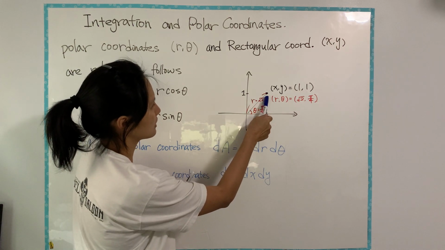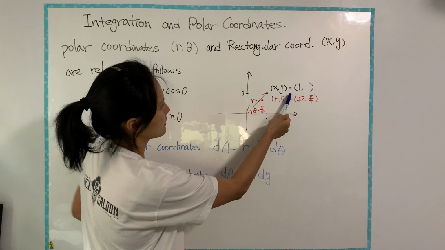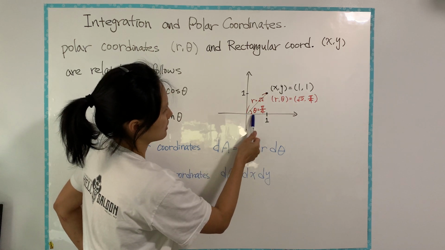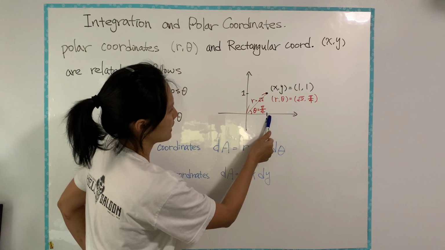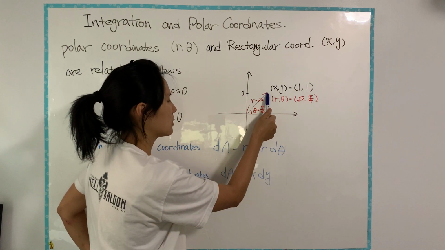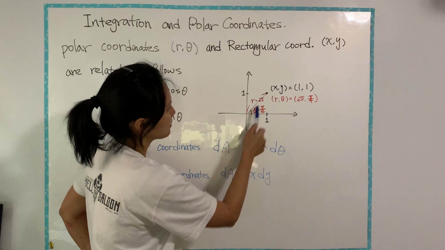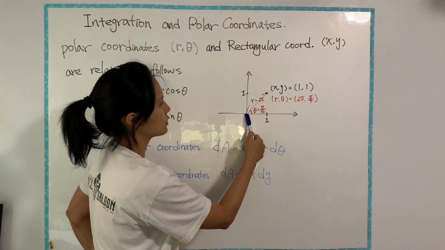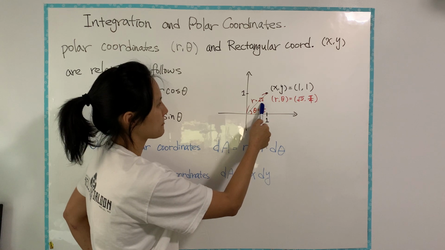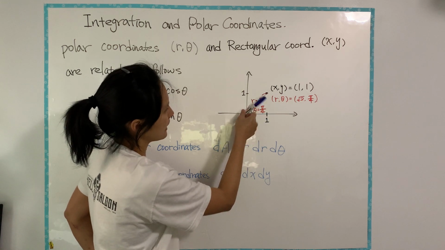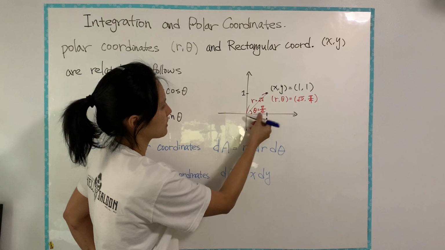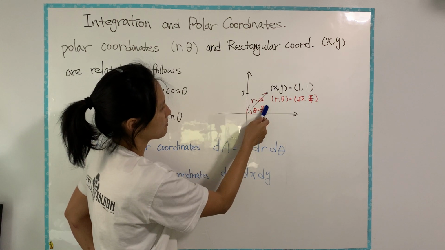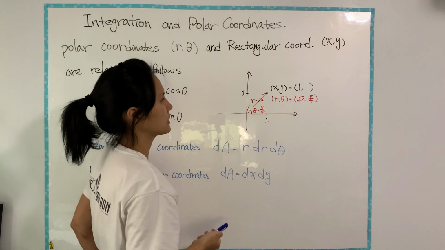I have a point that has xy coordinates 1, 1. So 1 unit along the x coordinate and 1 unit along the y coordinate. If you compute this, you will find the distance from this point to the origin being square root 2, and the angle from the positive x-axis to this line segment being pi over 4 or 45 degrees.